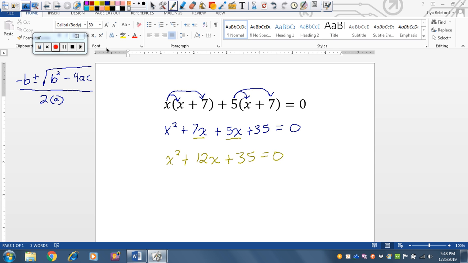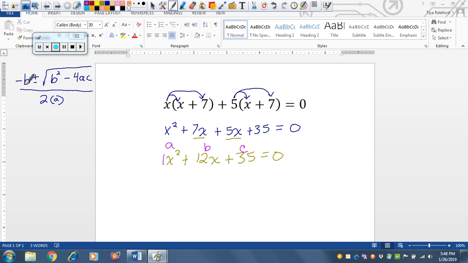And what it's saying is this one is a, this one is b, and this one is c. So every time there's a b, we're going to write 12. Every time it's a, we're going to write 1 because there's no number here, so we know it's 1. And every time there's a c, we're going to write 35.